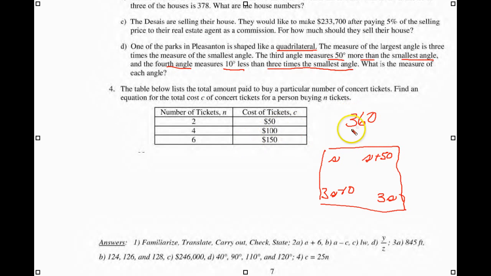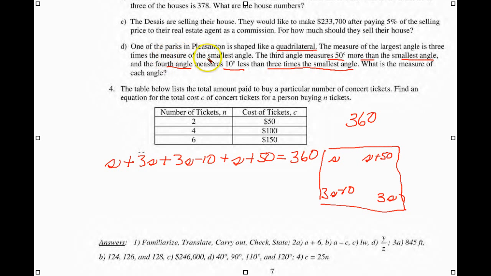That's from your geometry days. So your equation then will be S plus 3S plus 3S minus 10 plus S plus 50 equals 360.